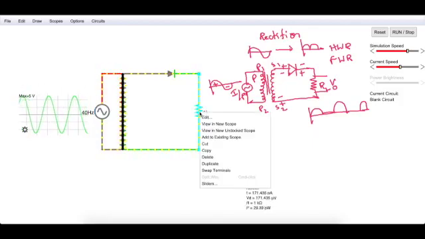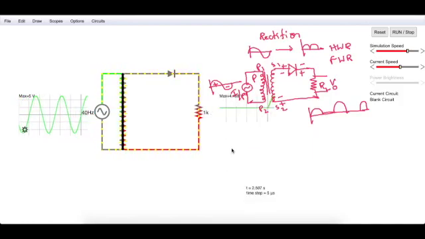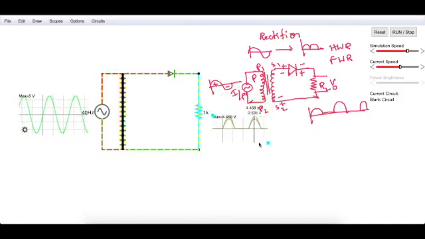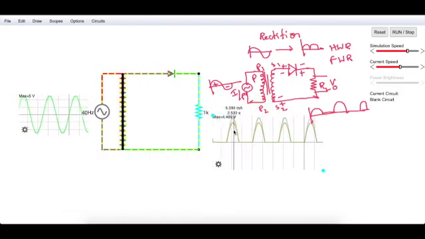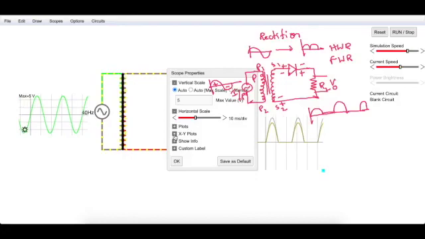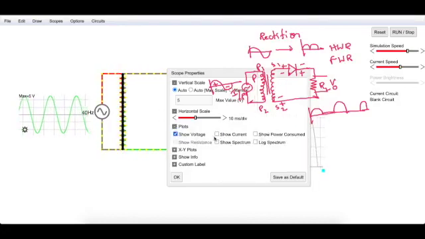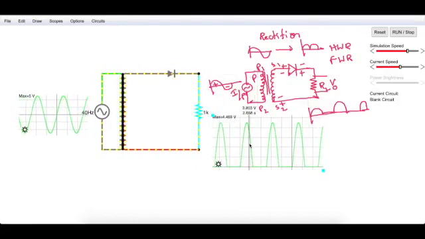Now I will show you the output voltage. So this is the output voltage. Look at the output.